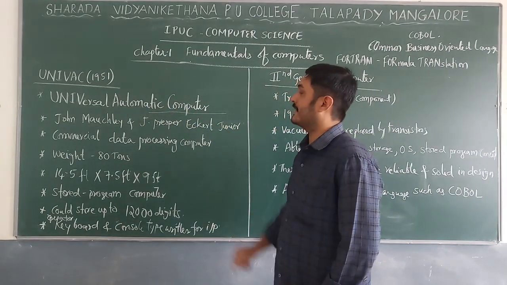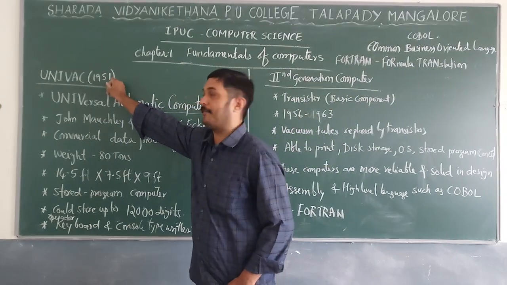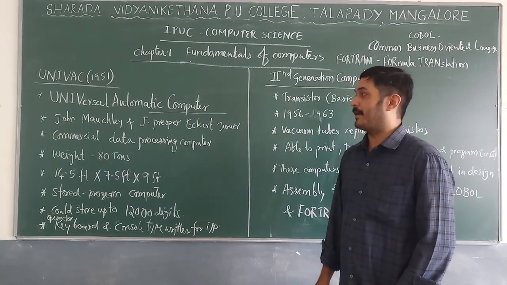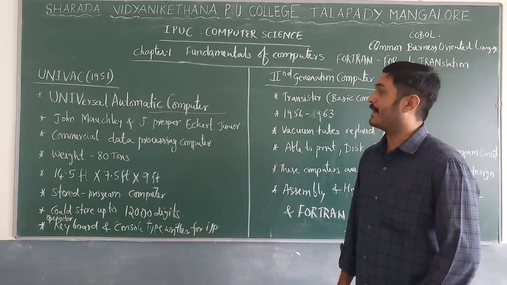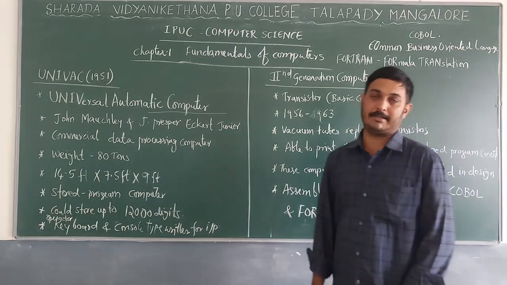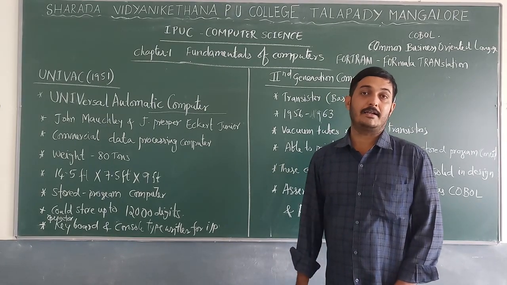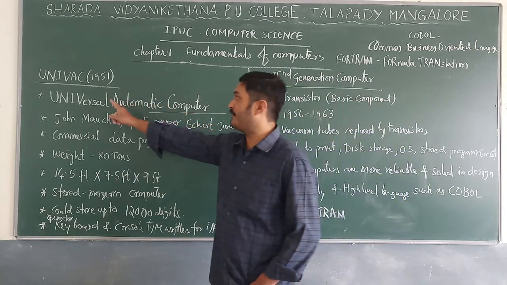UNIVAC is Universal Automatic Computer, invented during 1951 by John Mauchly and J. Presper Eckert, who were the creators of ENIAC. ENIAC is the first electronic computer, we can say, and they invented this one also.